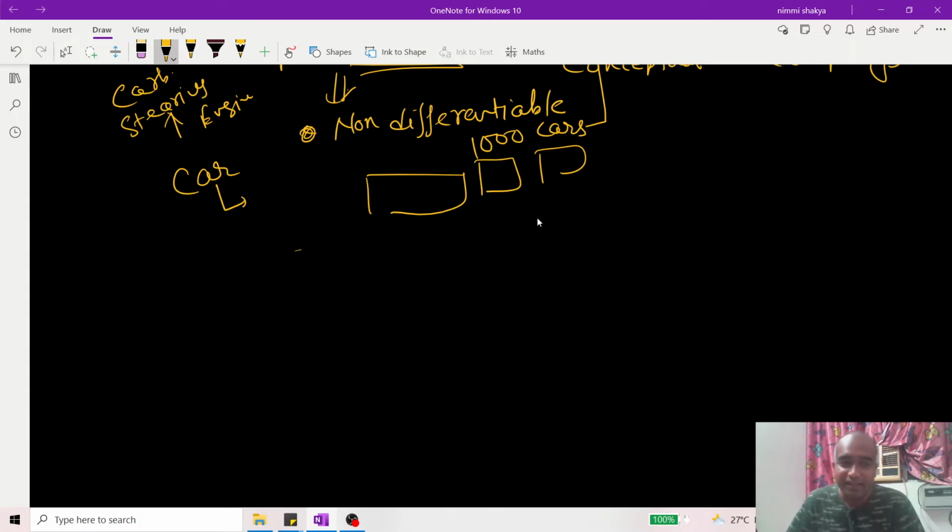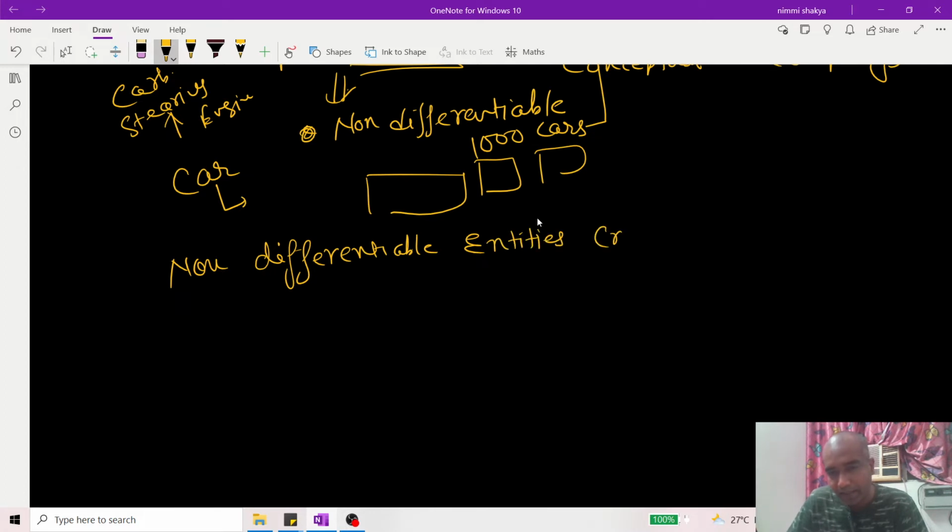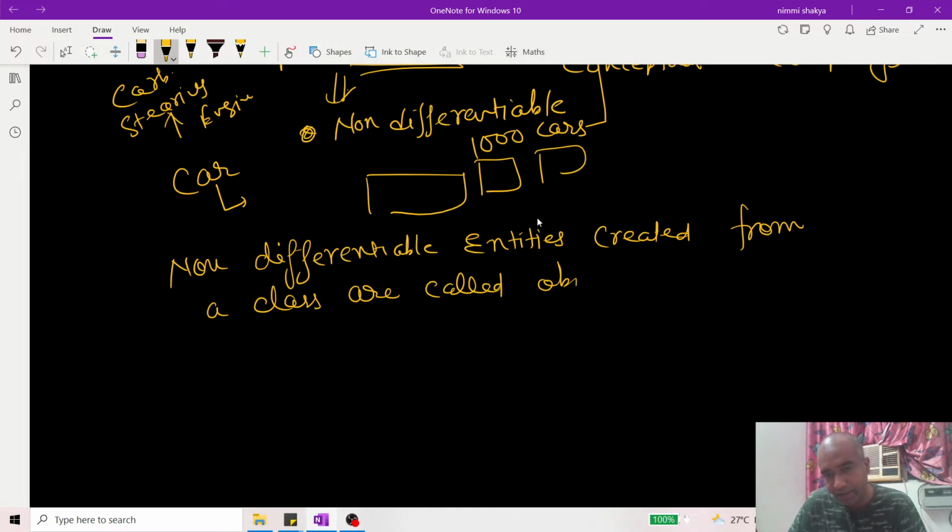Non-differentiable entities created from a class are called objects. So objects are always non-differentiable. Object is just the creation based on the template.